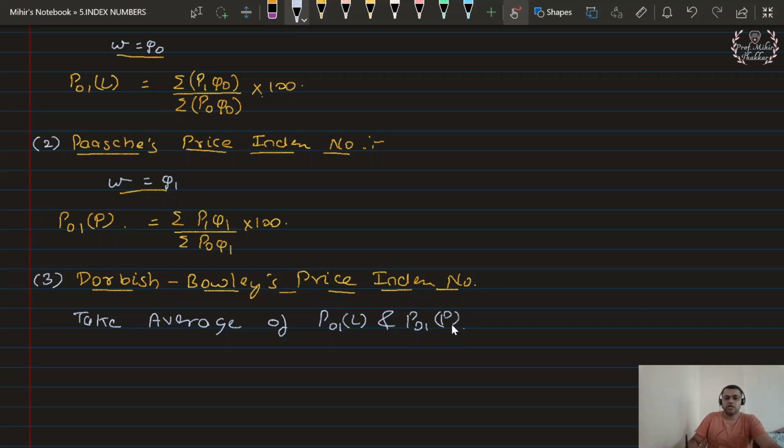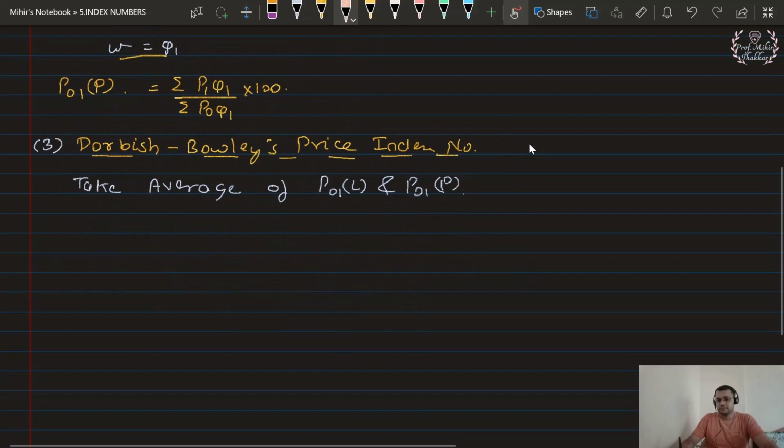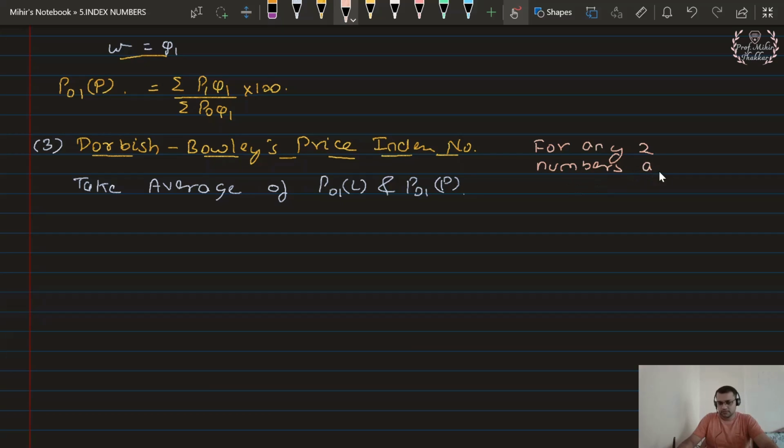Now the question is, how do we take the average? We say over here that for any two numbers A and B, average is always A plus B upon 2. So the same logic can be applied for these both numbers also.